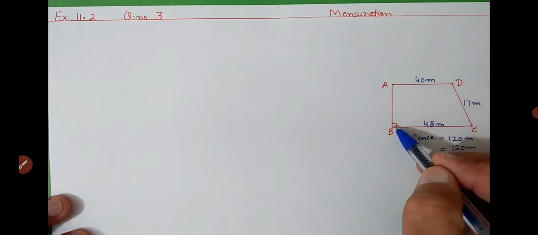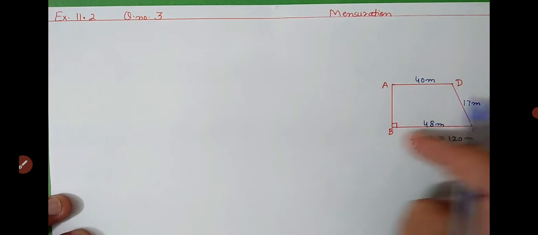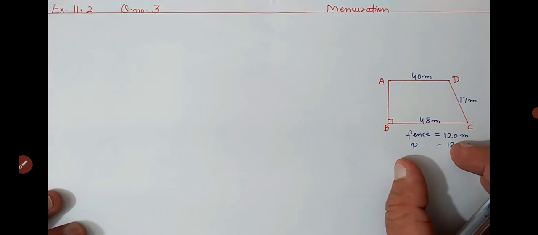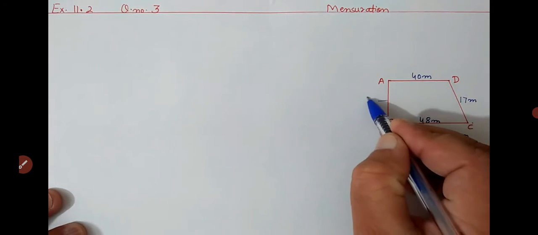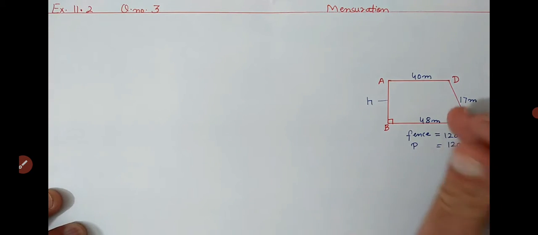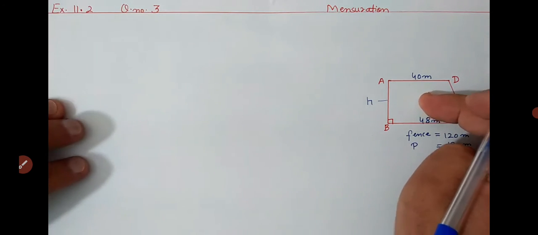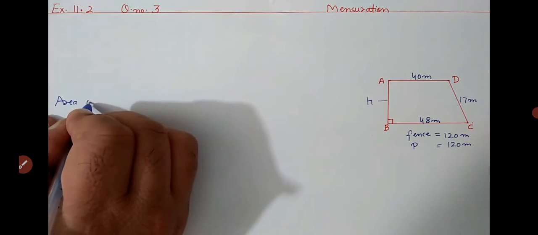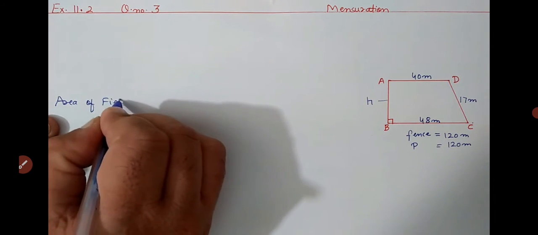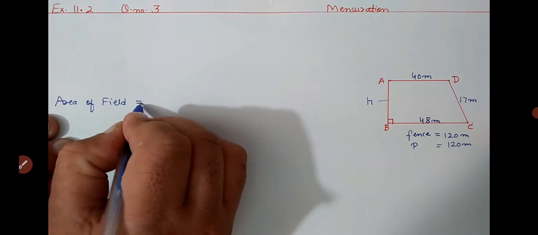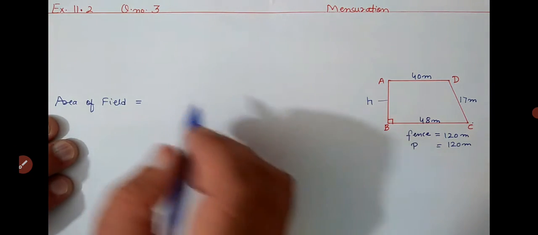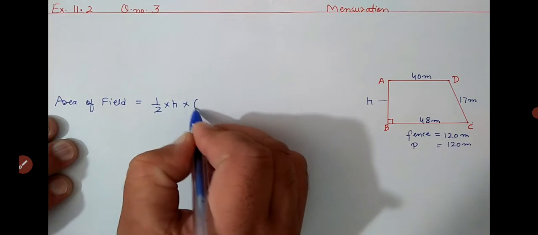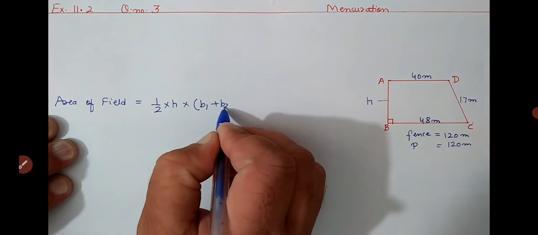Side AB is perpendicular, which means 90 degree, to AD and BC. Understand? So let's find H. We have to find the height. We know the perimeter, and the area of this field, which is a trapezium, is 1 by 2 into H into (B1 plus B2).